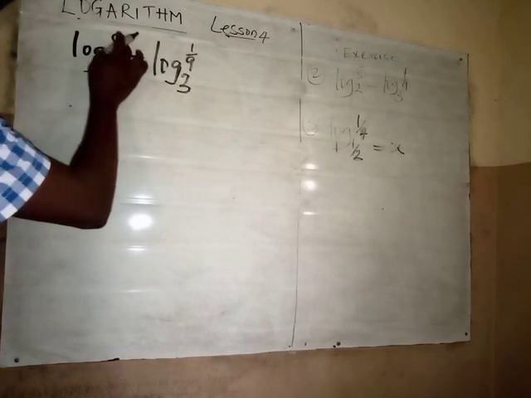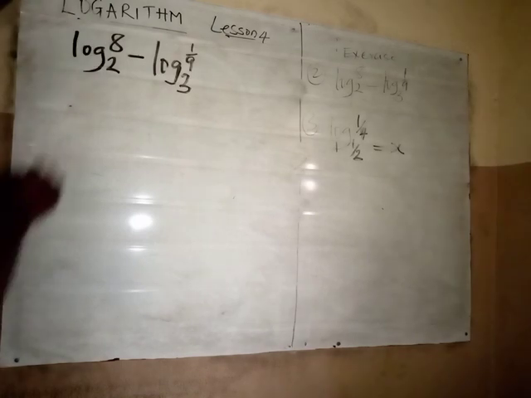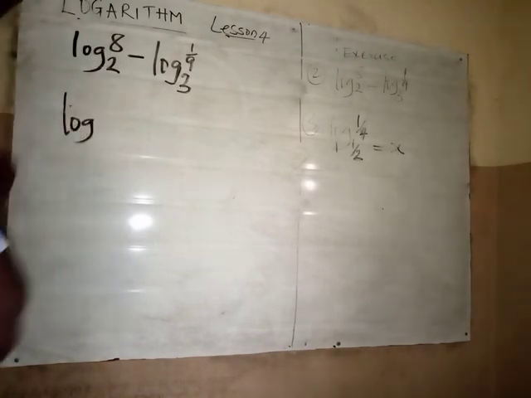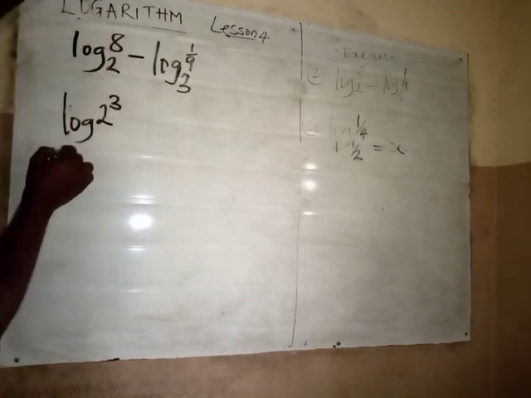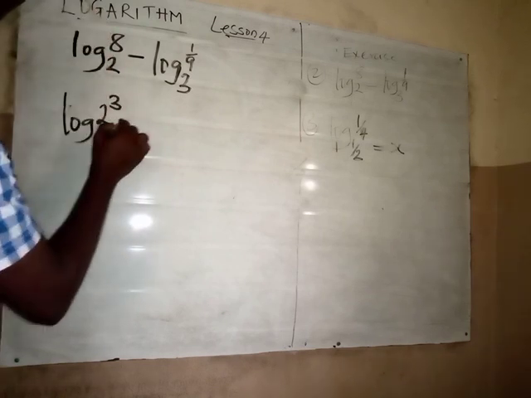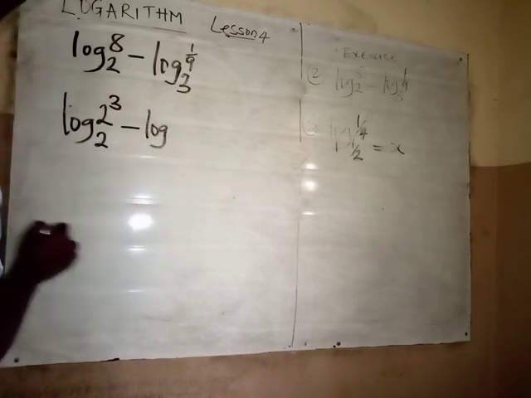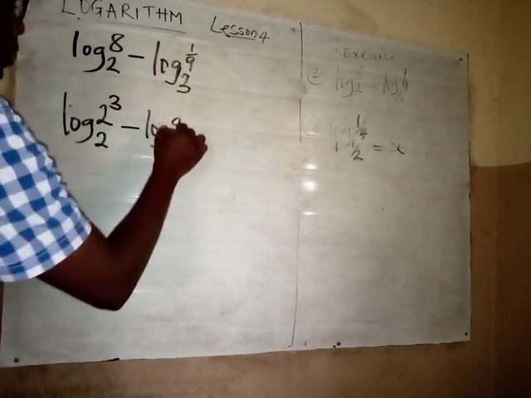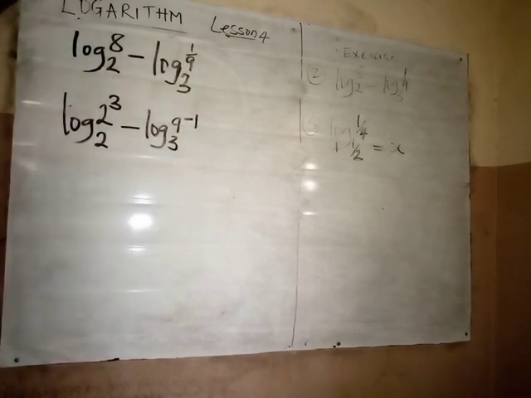You can reduce this 8 to have the same base as this one, which means log 2 raised to power 3 base 2, minus log 1 over 9, which is the reciprocal of 9, meaning 9 raised to power minus 1 base 3.